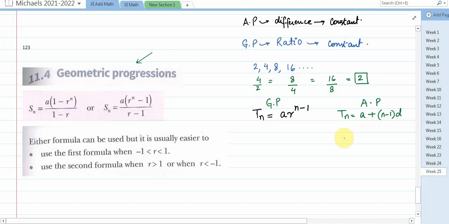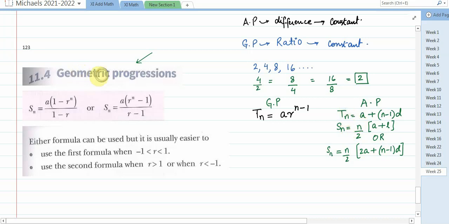Similarly, for arithmetic progression, when we need to find the sum, we have the working formula n upon 2 (a plus l), where the last term is known, or there is one more working formula, n upon 2 (2a plus (n minus 1)d). So these two working formulas we discussed to find the sum of the terms in arithmetic progression.